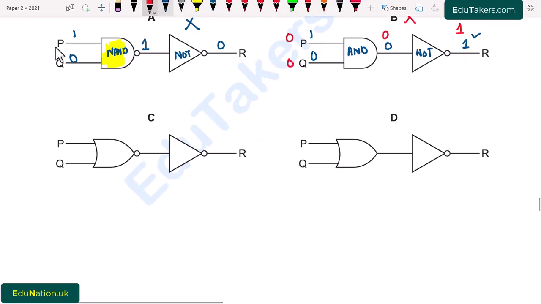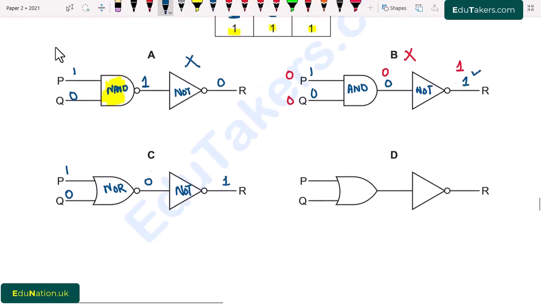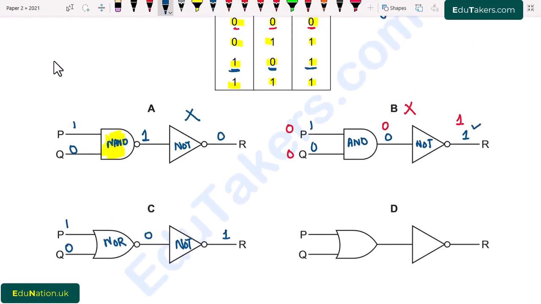Next option C. Here it is again. I consider 1 and 0 are the inputs, and this gate is actually NOR gate, and this is NOT. So when I apply NOR over 1 and 0, it gives output 0, and 0 changes into 1.